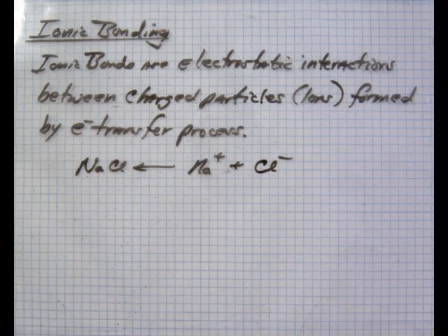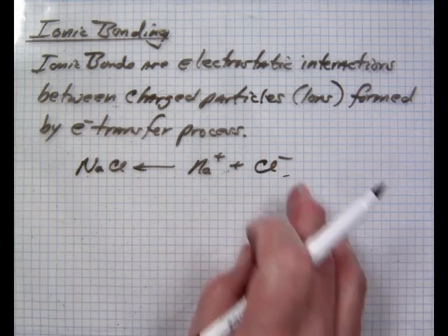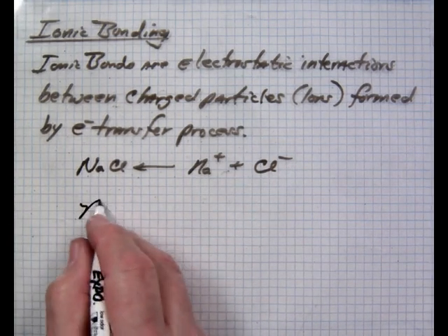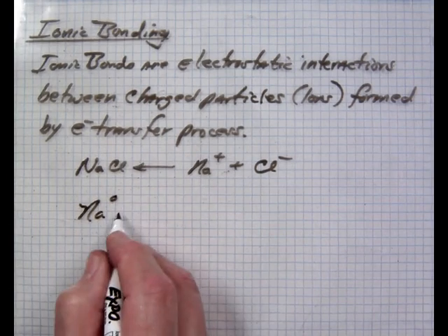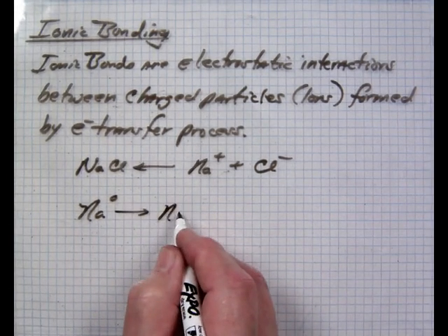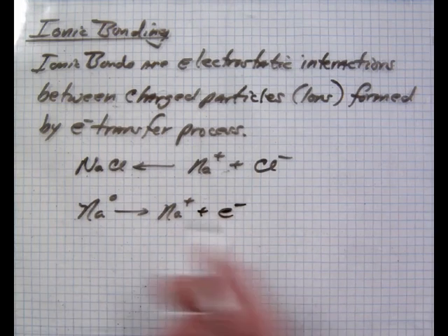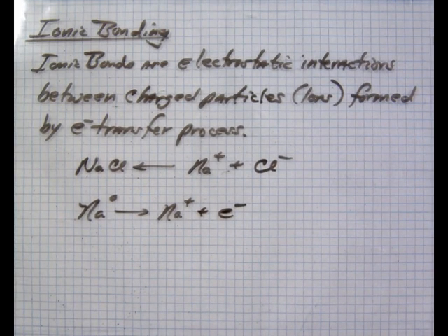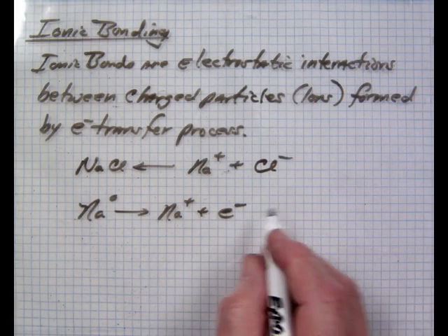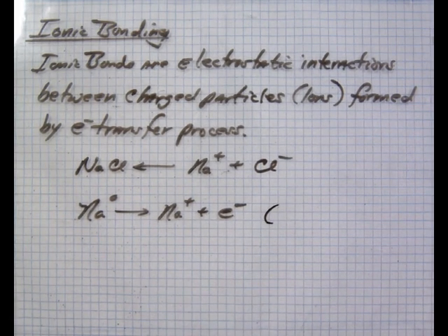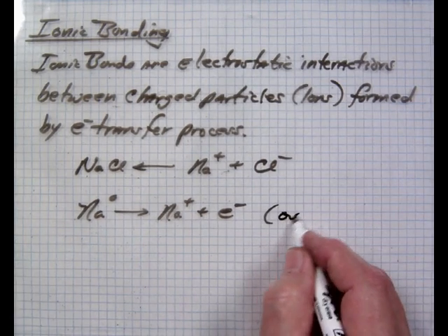Now, in the formation of the cations and anions, we simply have an element which will go to an ion, a cation, and lose, so to speak, an electron. It transfers an electron to something else. You don't really lose it. And this is, as some of you already know, an oxidation process.